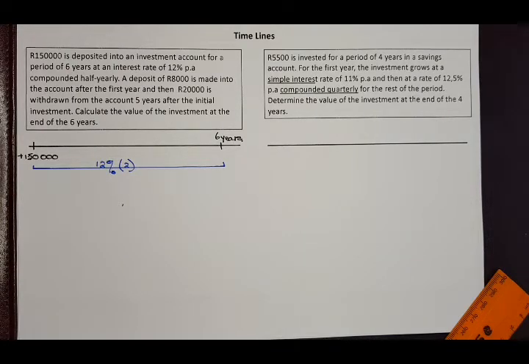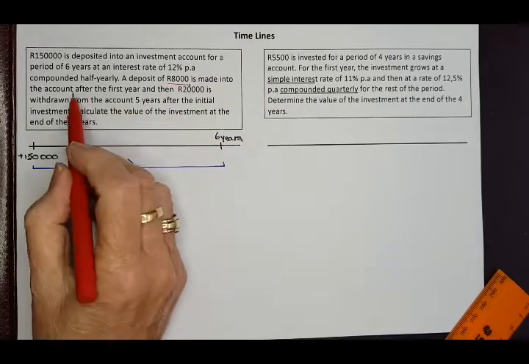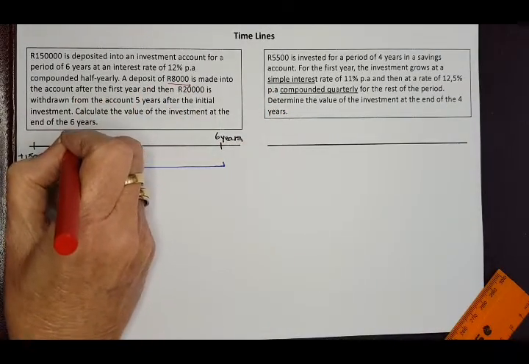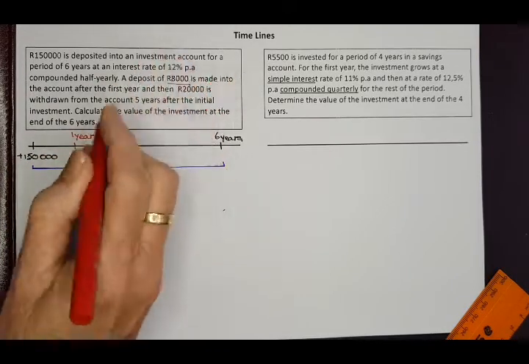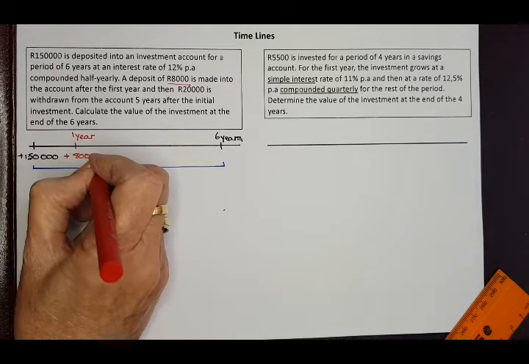We are then told that we make a deposit of 8,000 after the first year. So after 1 year, we make another deposit of 8,000 Rand.